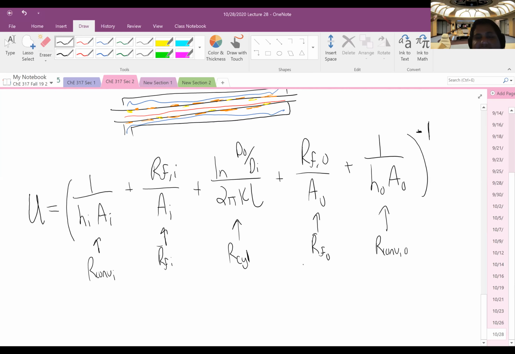And so I end up with 5 thermal resistances for my heat transfer. And I'm considering essentially a heat exchanger that's been in operation for a while, because the longer a heat exchanger operates, the more likely it is you're going to see fouling on those pipe surfaces.